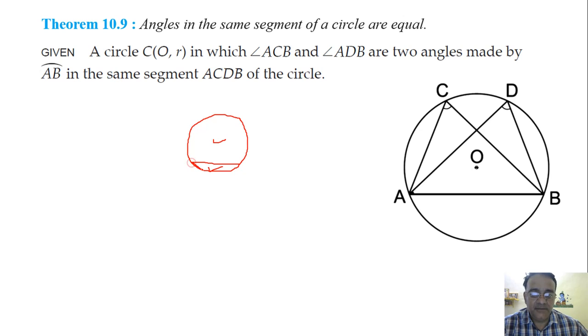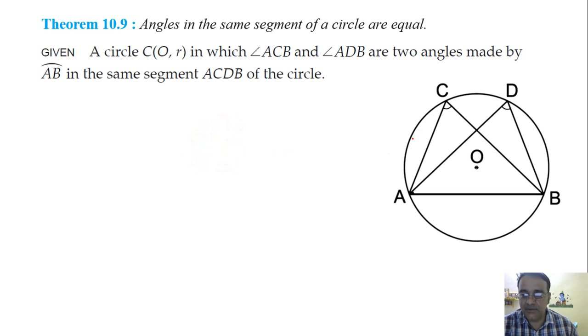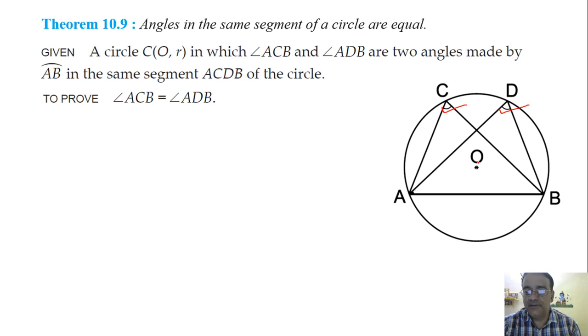So if I am talking about this arc, this is the same segment. Any angles made here will all be equal. This angle, any angle you make, all are equal. So we have to prove that these two angles are equal. Okay, right? So we'll do one construction.